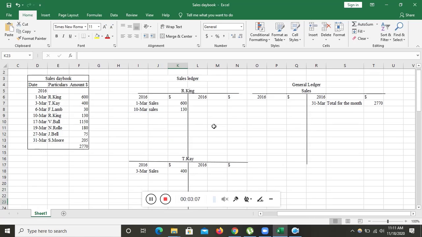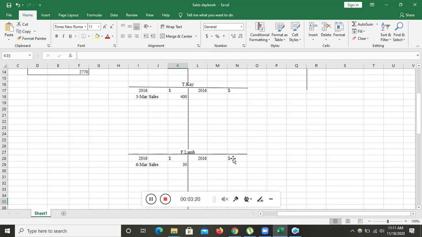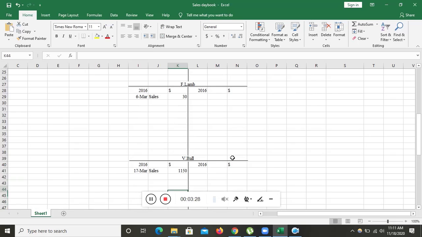Okay, now moving onwards to TK, so we are going to the next transaction, that is on 3rd March, sales 400. I am copying this down from the sales daybook or from the question, you can copy it down. Okay, next T account is of F Lamb. We have sold something on 6th March as sales 30 to F Lamb. Again simple transaction.